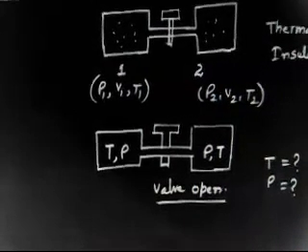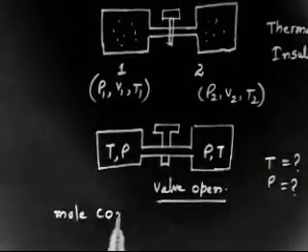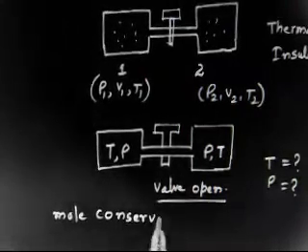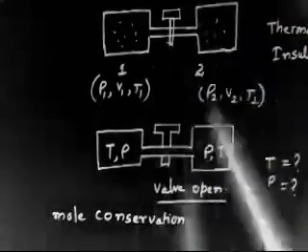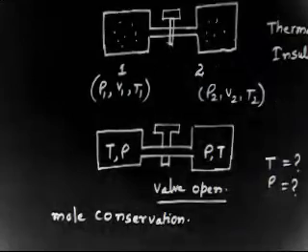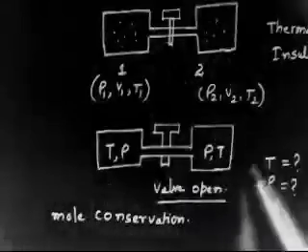Now what I can apply is mole conservation. You see, the initial number of moles should be equal to the final number of moles because there is no leakage of gas. In this whole system, the total number of moles initially is equal to the total number of moles finally.